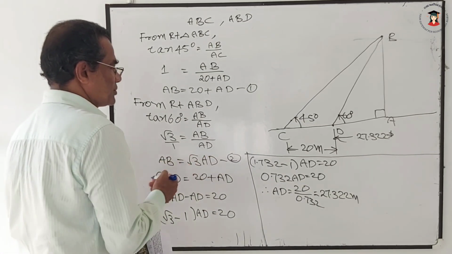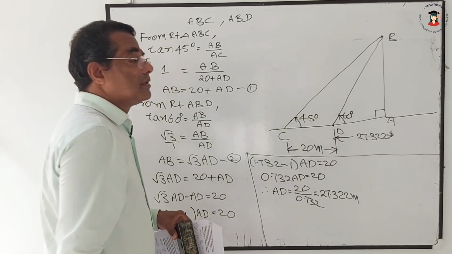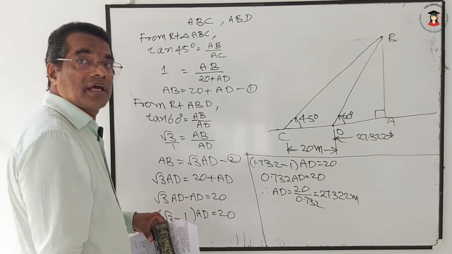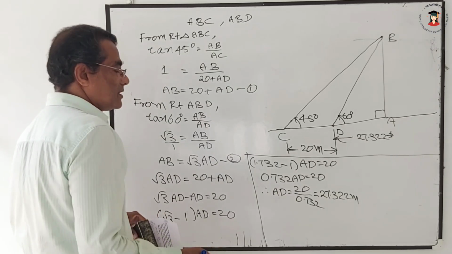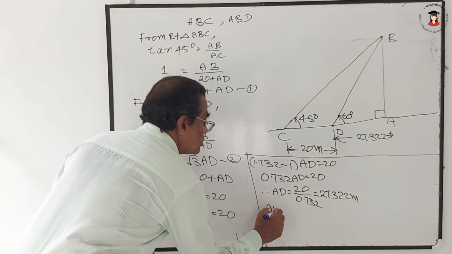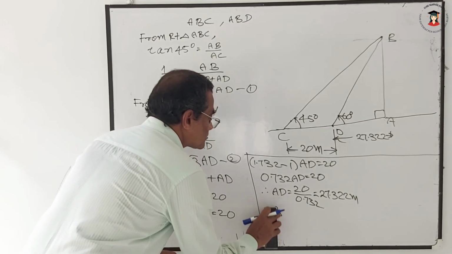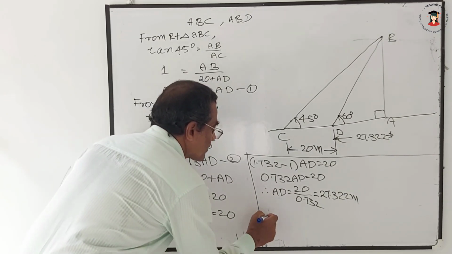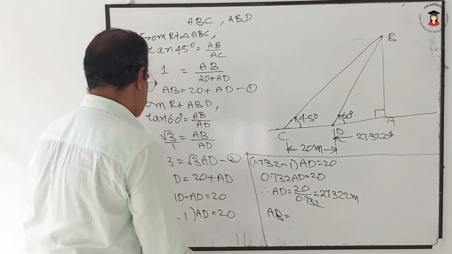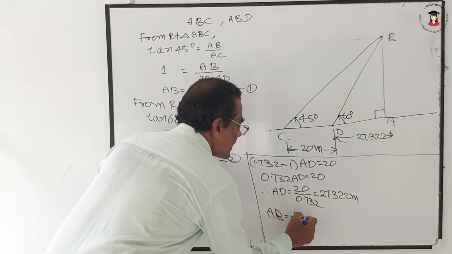We can use this equation, or otherwise we can go through by taking tan ratio. In any way, we will end up with AB equal to root 3 times AD.